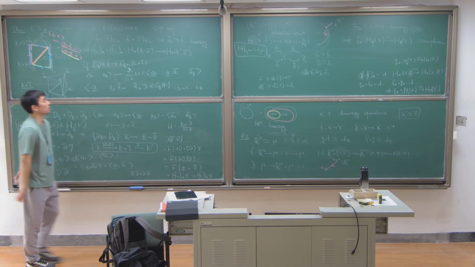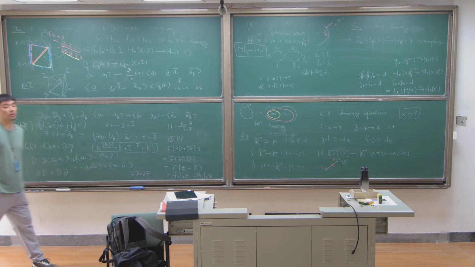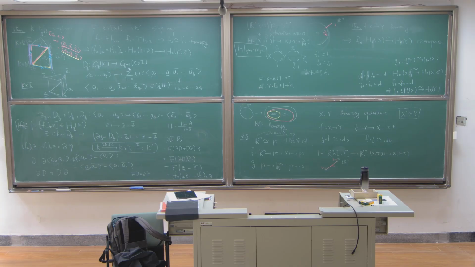So that's the subdivision. K times I should only be one dimension more than K. K times I is just one dimension more than K. That's true. But in your notation, you have a lot.